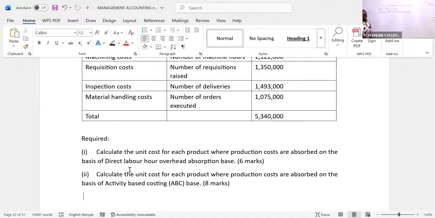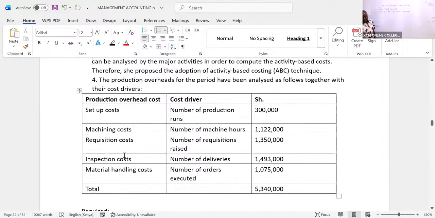And the examiner has done a great favor to us. He has given us these ones here. Yeah, so I can see them there. So we have the cost drivers. I'm just copying the way they are.